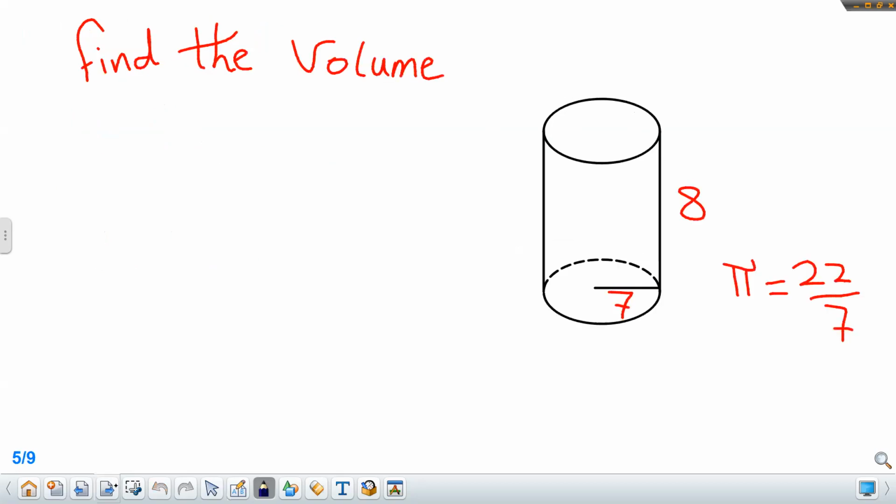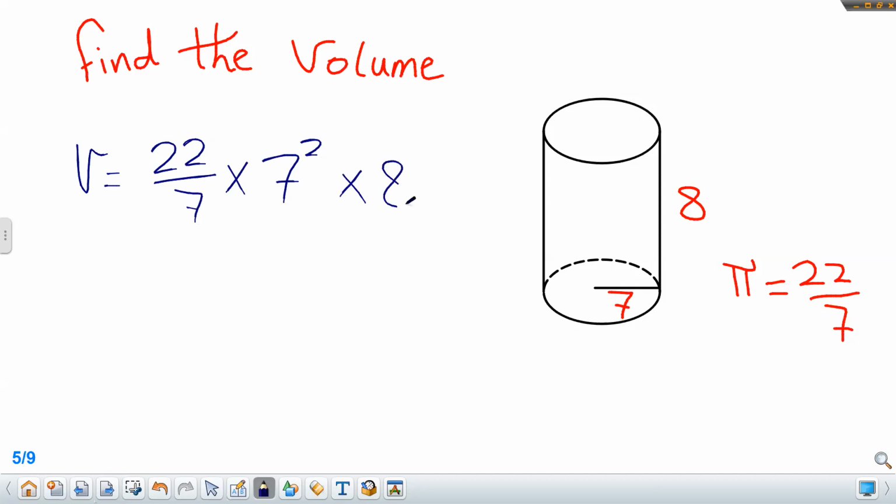For example, find the volume of this figure. Here we have radius, which is 7, and height, which is 8, and pi, which is 22 over 7. So we can find volume is pi r square height: pi, which is 22 over 7, times r square, which is 7 square, times height, which is 8.